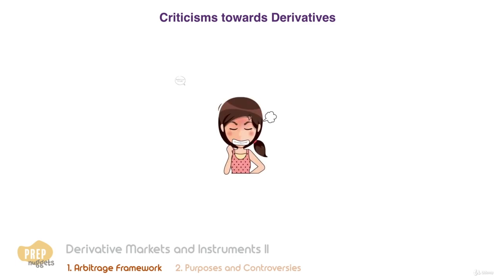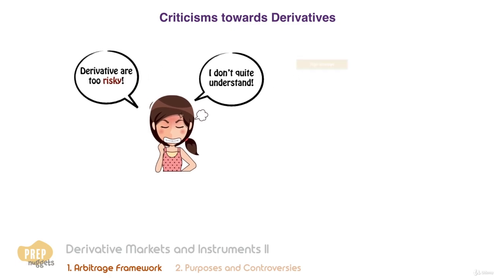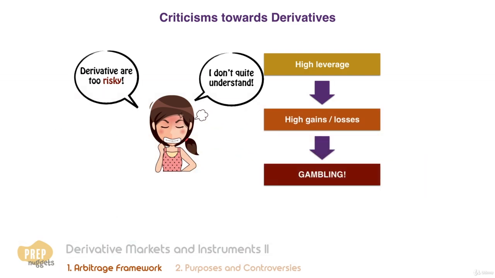Derivatives, however, are not perfect instruments. They have their fair share of controversies. One common criticism of derivatives is that they are too risky, especially to investors with limited knowledge of such complex instruments. Also, because of the high leverage involved, the stakes involved are high. This has given rise to the perception that trading in derivatives is like gambling.